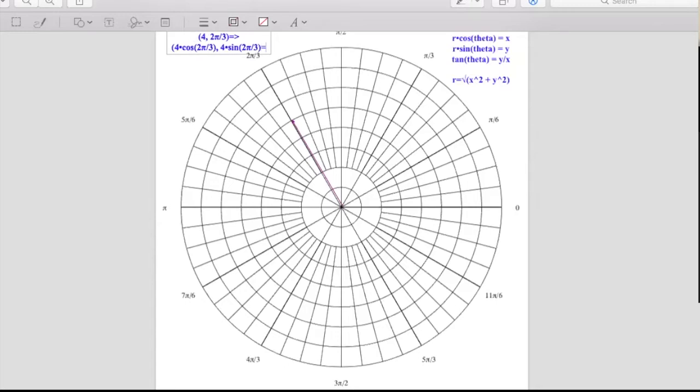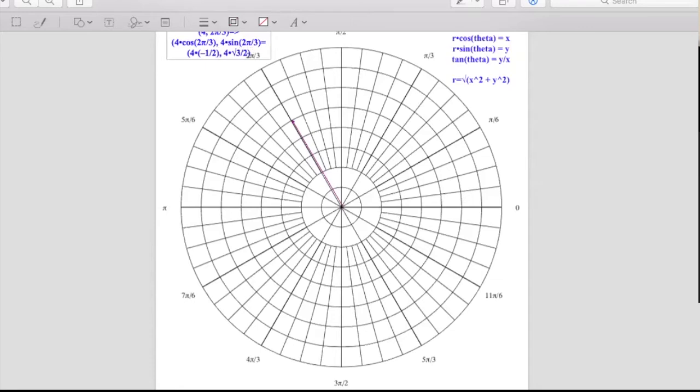Okay, and that's the same when I do the arithmetic, right? The cosine of this right here is 1/2. So this is going to be 4 times 1 over 2. Actually, the cosine here is negative 1/2. And the sine is positive square root of 3 over 2.